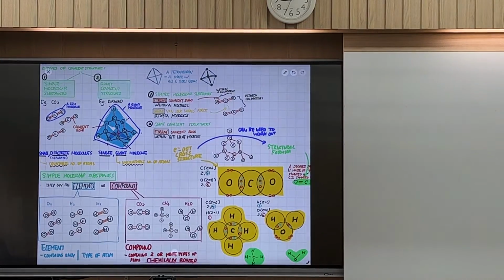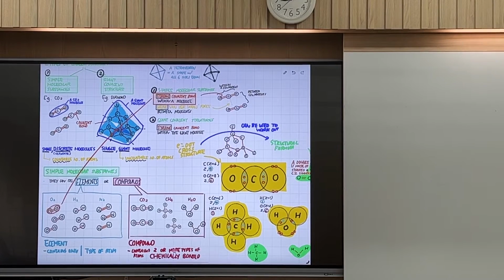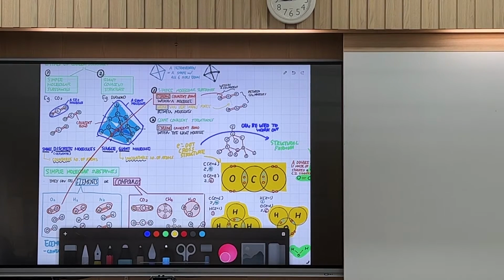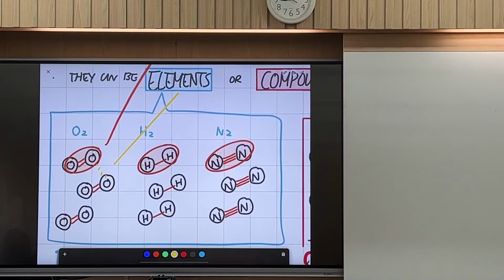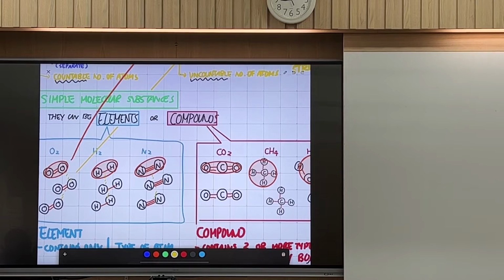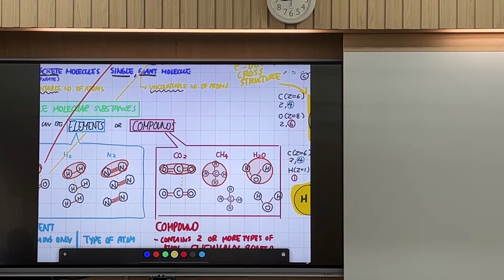Remember this statement here, strong covalent bonds within molecule. So you see covalent bond in this molecule, in this molecule, in this molecule. These molecules as well. But then what do I mean by weak van der Waals force between molecules? We mean in here, you have these weak forces between the molecules. This applies to both the elemental simple molecular substance and the compound simple molecular substance.